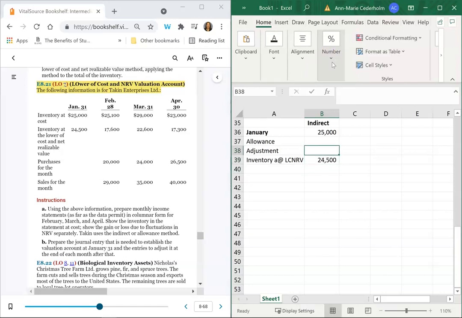So that's the amount I want my inventory to be. So if we didn't have anything past January 1st, I'd start off with 0 in the allowance account. And then if I just take the difference, that means I'd have to make an adjustment into my allowance account for $500.